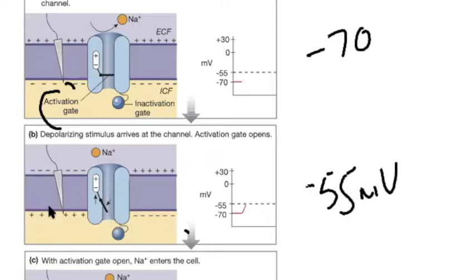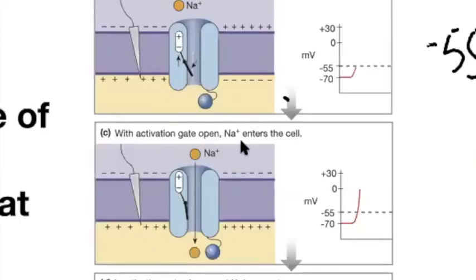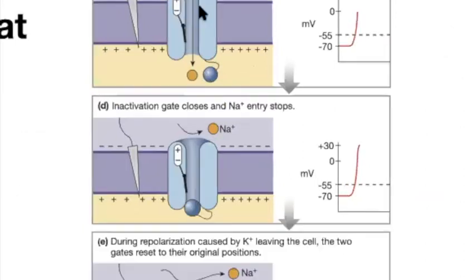So you're already depolarized, and now all of a sudden that depolarization is going to cause this further influx of positively charged ions. So what's that going to do? It's going to vastly, massively increase that depolarization. So you're going from -55 in this one picture to about 0. Sodium is flooding in, and the cell is getting more and more positive. At some point, you had this activation gate open due to voltage.